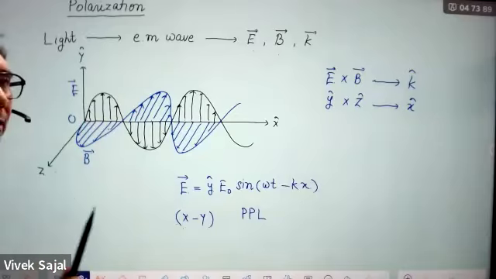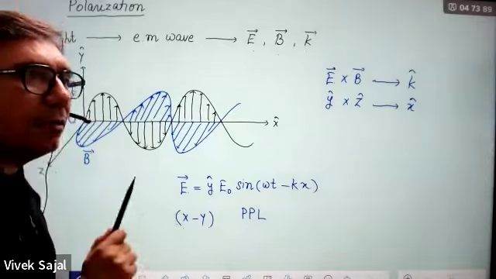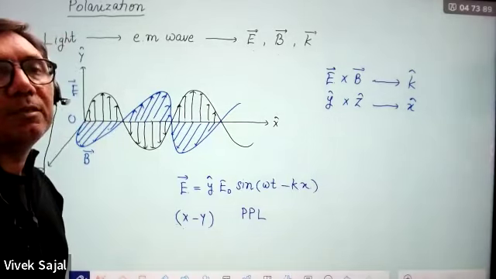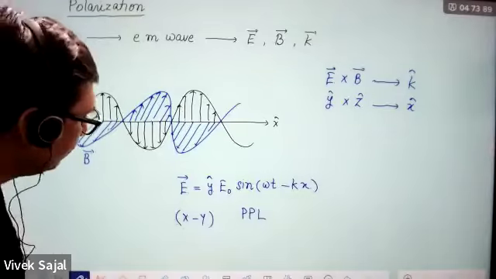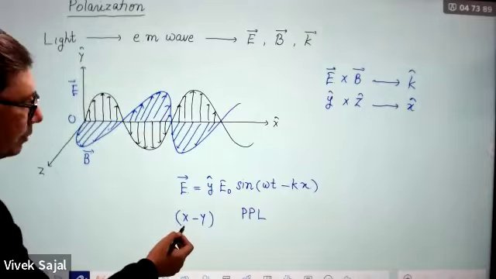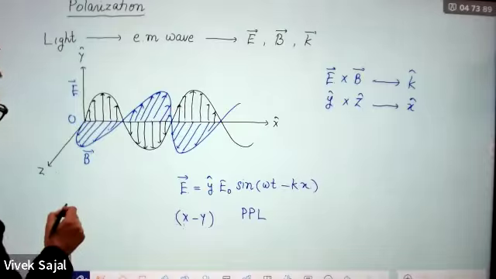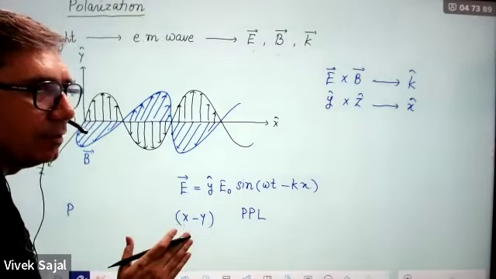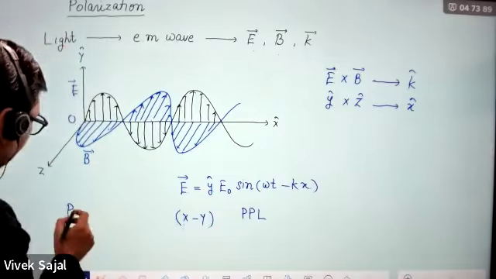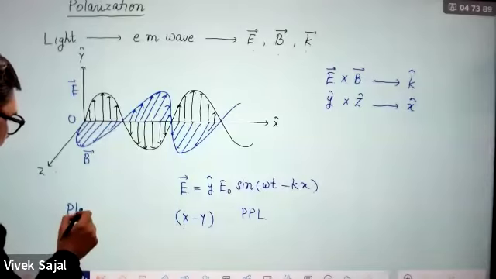The first condition is that all the electric vectors should be confined in a particular plane. And what do you call this plane? This is called the plane of vibration. The plane in which all the electric vectors are lying, for a plane polarized light, is called the plane of vibration.